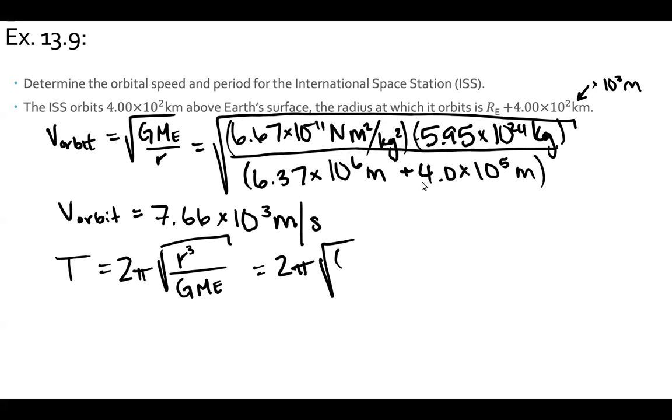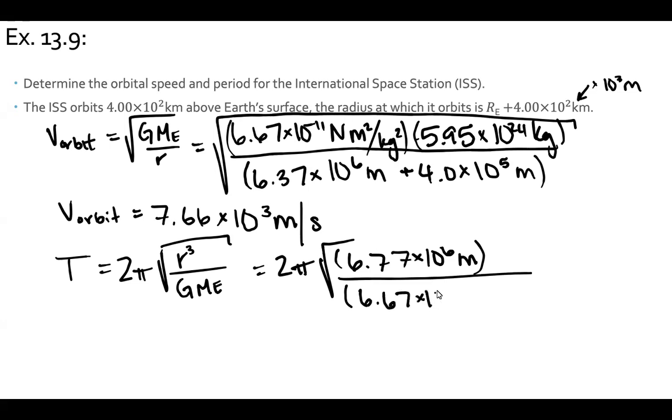This is going to be 6.77 times 10 to the 6th meters because we did that in the last one. And then G, 6.67 times 10 to the negative 11th newton meters squared over kilograms squared, times 5.95 times 10 to the 24th kilograms.